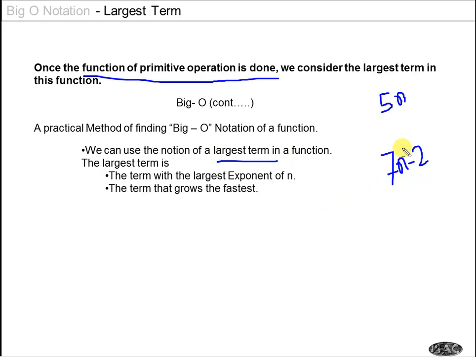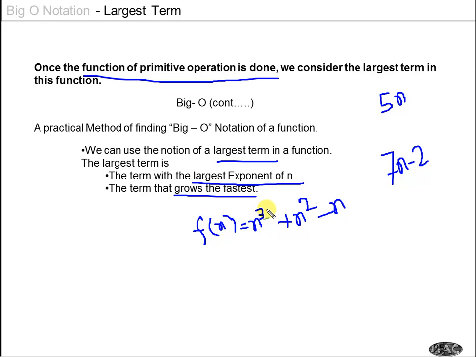What is the largest term in a function? It is the term with the largest exponent of n, the term that grows the fastest. So it is very simple. Let me just show you one example. Now if you write a function f(n) equals n cube plus n square minus n, what is the largest exponent of n?